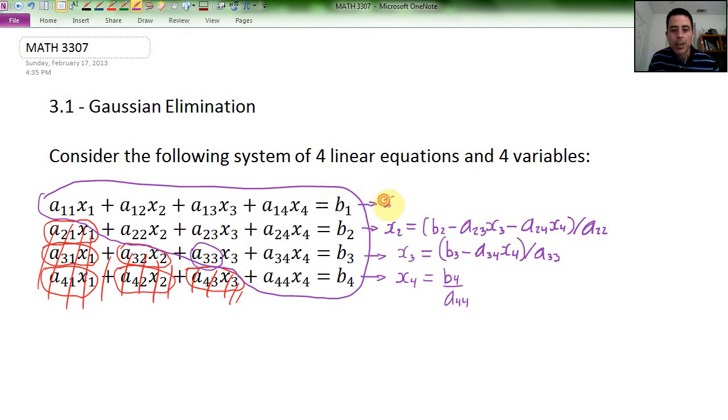Then finally x1: b1 minus, and then move all these 3 terms to the other side, minus a13 x3 minus a14 x4, divide by a11.